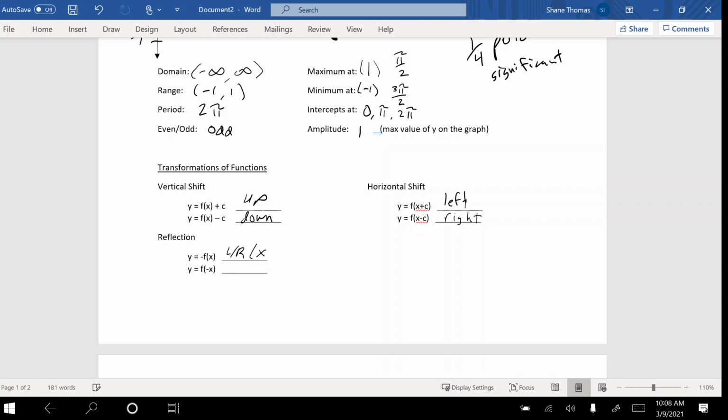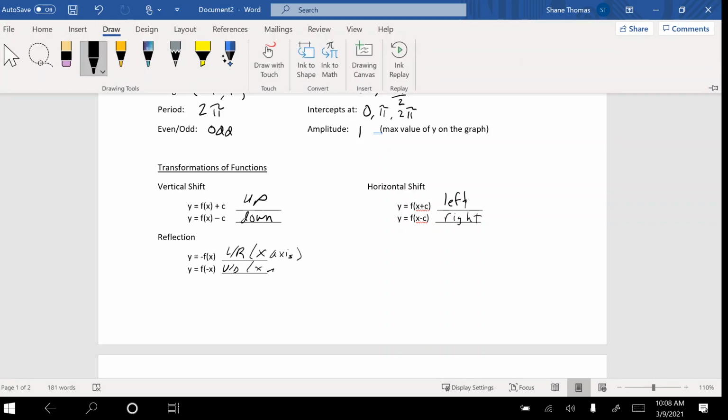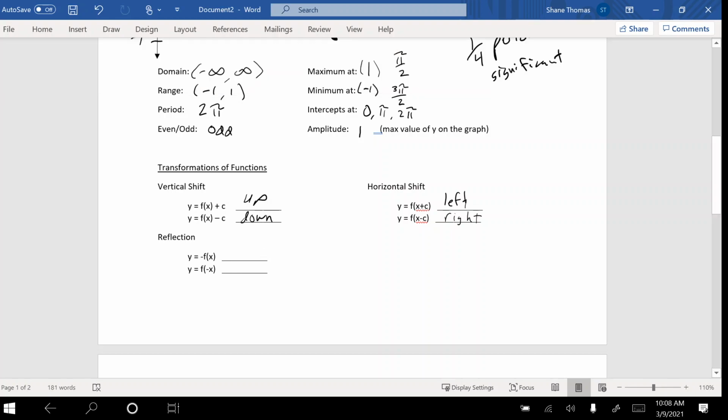So it's essentially your x-axis reflection. Okay, you reflected about the x-axis. The second one would be your up and down. Shoot, sorry, this is the x-axis. Wait a second, I drew that backwards. Hold on.